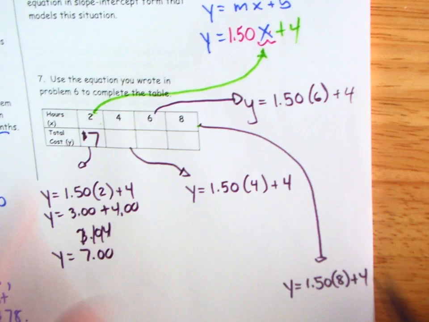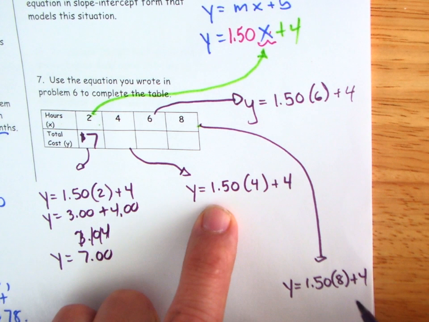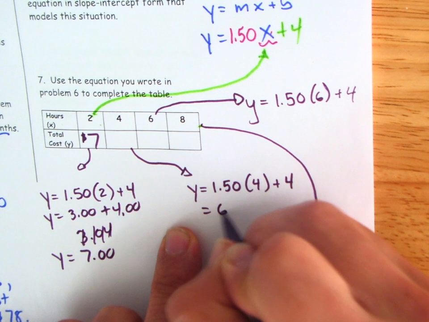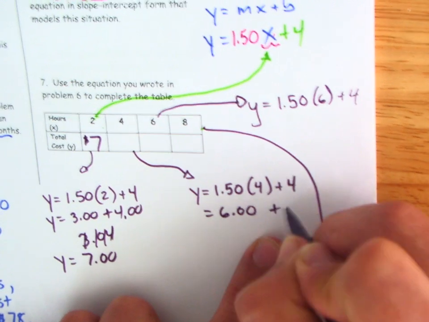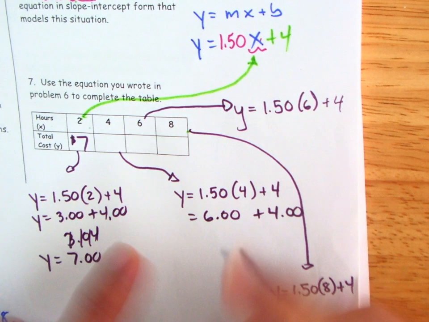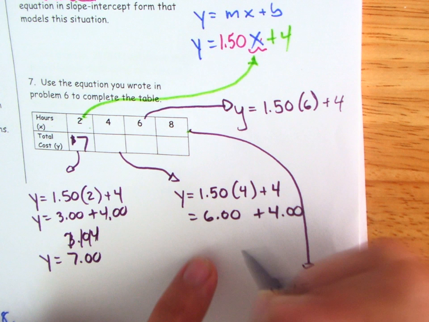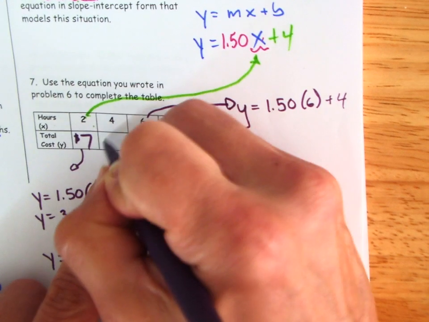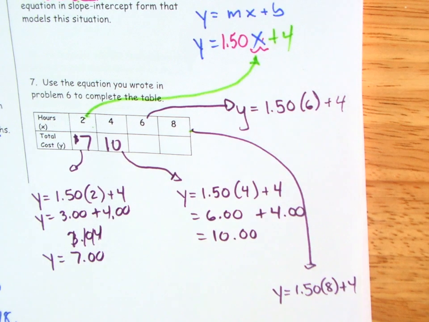Next one, 150 times 4. That's actually $6 plus $4. A lot of kids again like to put 6.04. No, this is going to be $10, and then so forth.